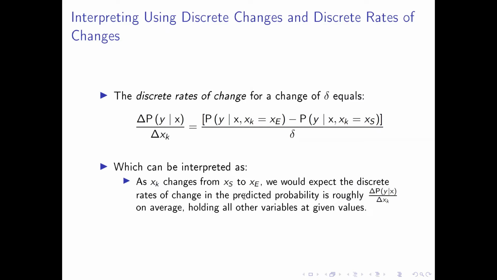So this can be interpreted as: as xk changes from x subscript s to x subscript e, we would expect the discrete rate of change in the predicted probability to be roughly this ratio, delta p over delta xk. Again, this comparison is only meaningful for the same y, the same count.